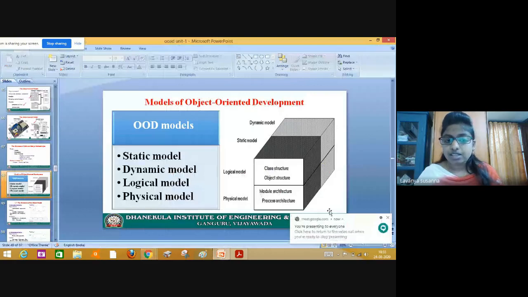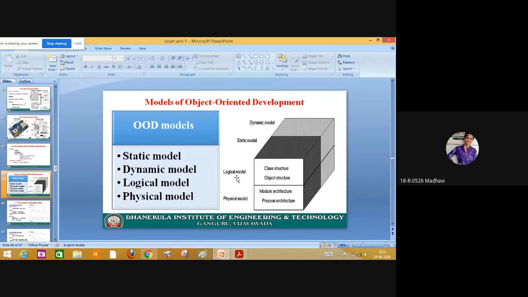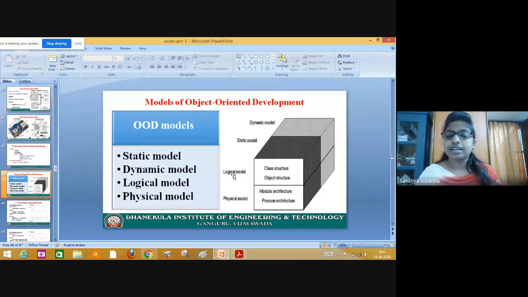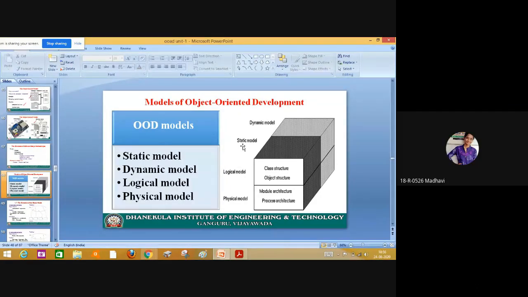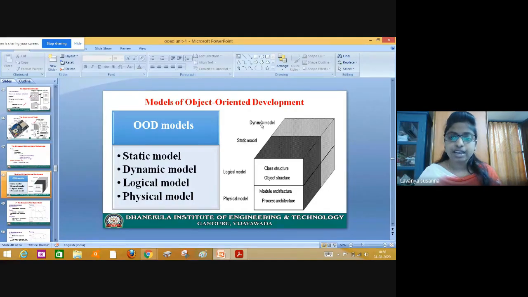What is a logical model? It identifies the classes and objects of the complex system. Yes, it will identify the classes and objects that form the complex system. What are the two perspectives of the logical model? Static and dynamic. What is the static model?